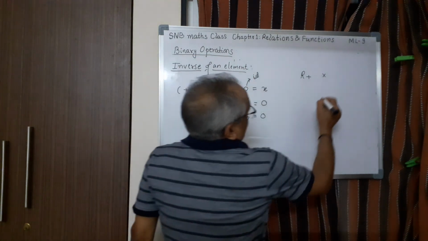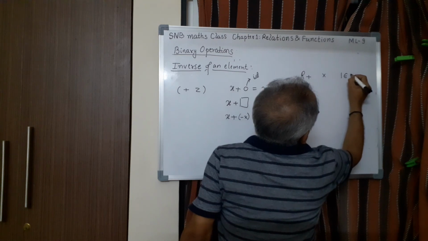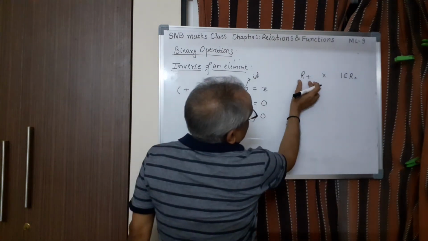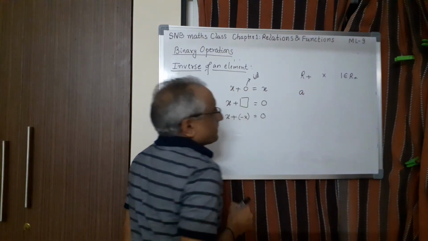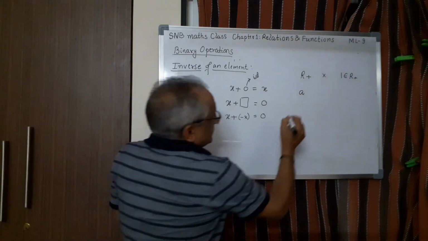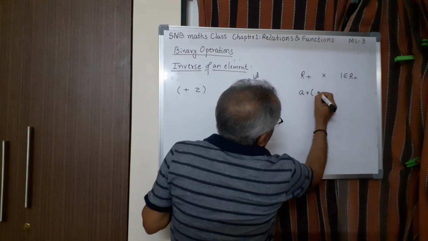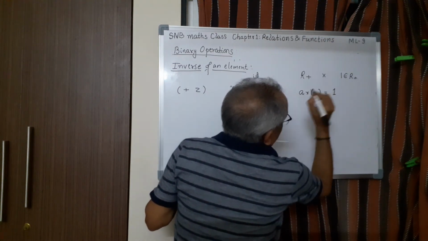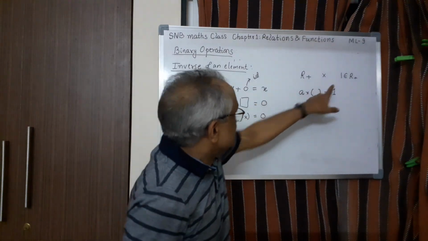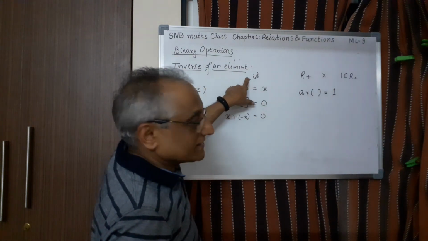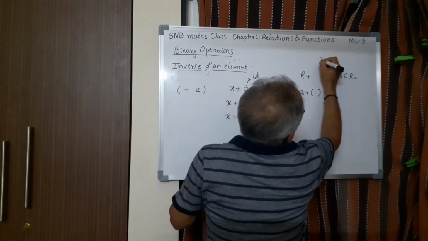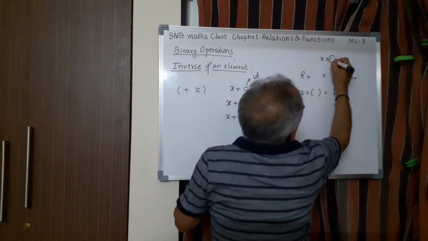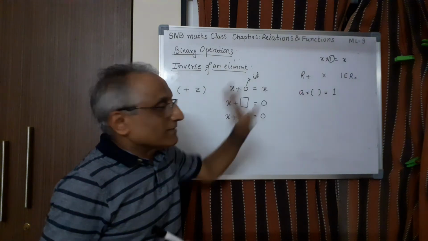So, now 1 belongs to R plus, no doubt. Here 0 was the identity. Here you can see x into 1 is always x. That means 1 is the identity under this binary operation.